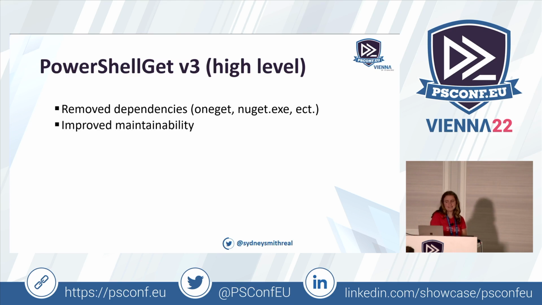So a big part of this is also improving the maintainability. This goes back to the removed dependencies and the dependency structure of the module. It will also be written in C# versus PowerShell script, which we think from our team's perspective will make the package much more maintainable for us over the long term and allow us to iterate on those top issues a little bit faster once we get there.